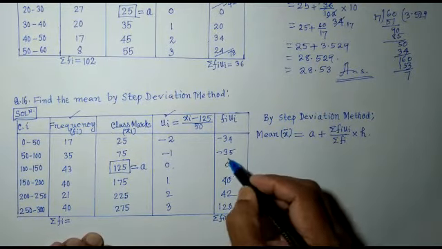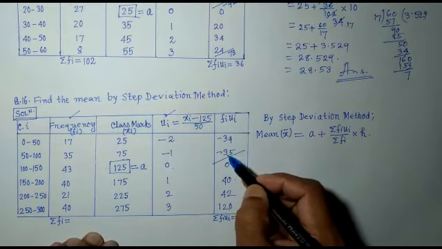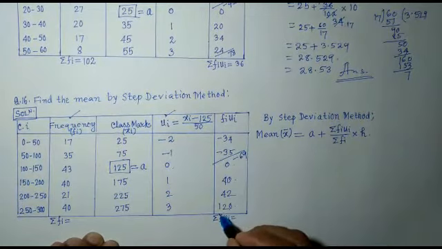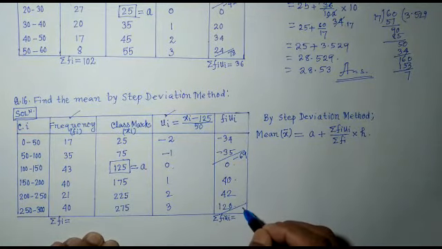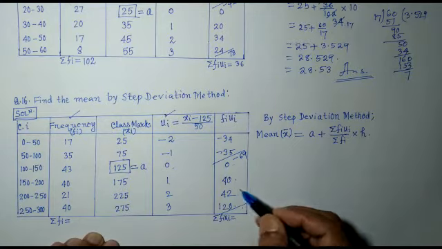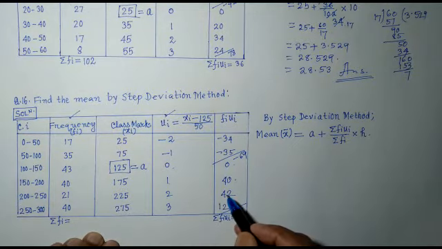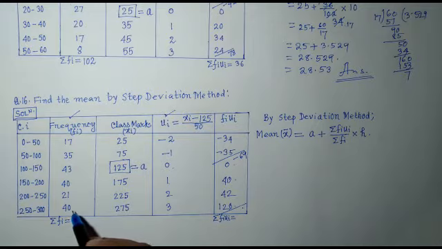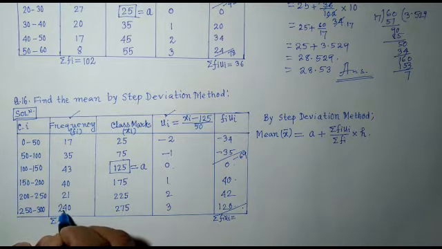And now we will add this minus 34 and minus 35. It is minus 69. And we add these plus numbers. So 21 into 2 is 42. Sorry, actually this should be 24, so here it should be 24.